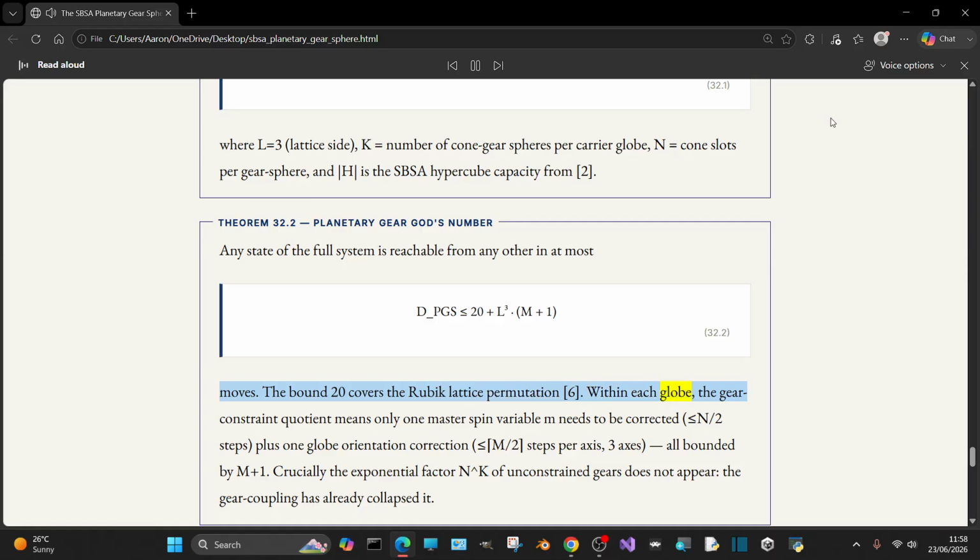Within each globe, the gear constraint quotient means only one master spin variable M needs to be corrected, less than or equal to N over 2 steps, plus one globe orientation correction, less than or equal to M over 2 steps per axis, 3 axes, all bounded by M plus 1. Crucially, the exponential factor N to the power of K of unconstrained gears does not appear. The gear coupling has already collapsed it.